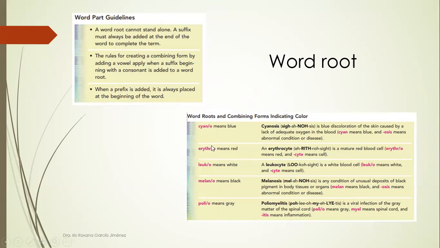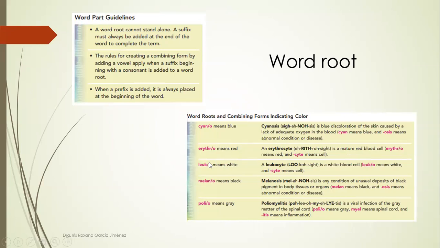Another example, word root erythr. If we just have this word root without the vowel, it's without a sense, right? We add the vowel and we get the meaning. The meaning is red. With the suffix cyte, erythrocyte, the mature red blood cell. We all know about it. Another one, leuc.